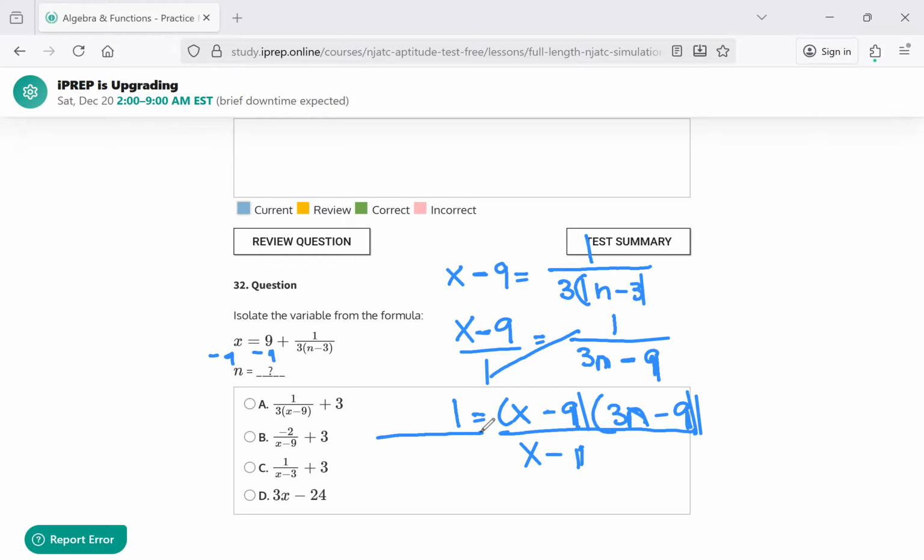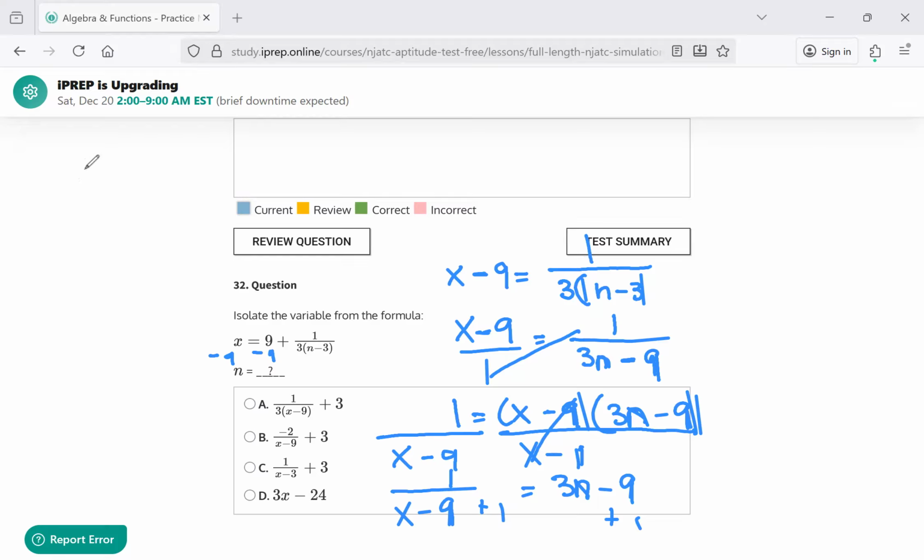So my pencil's like dying. So we're left with 3n minus 9 over 1 x. Okay, and then I'm going to add 9 to both sides. Okay.